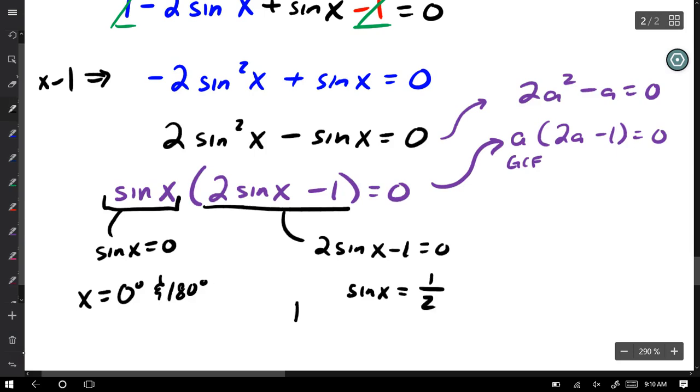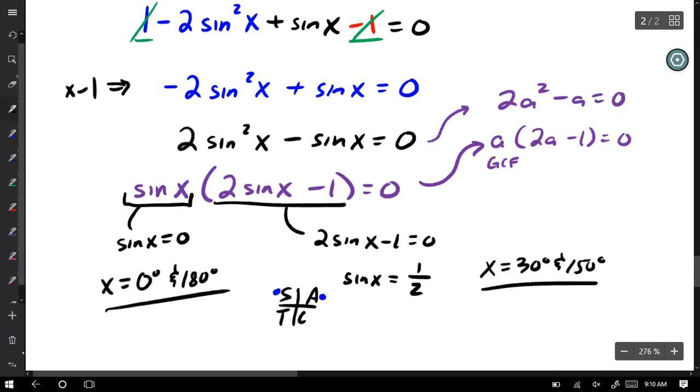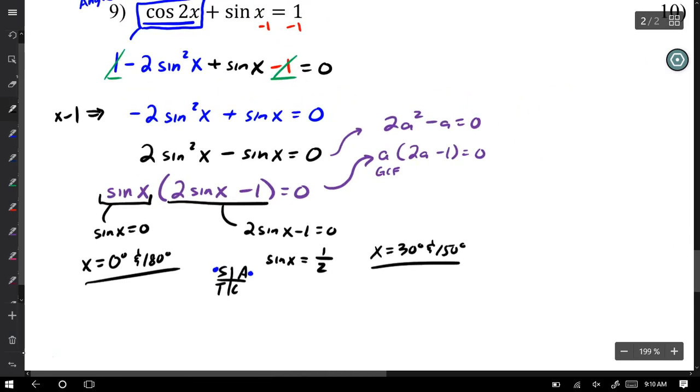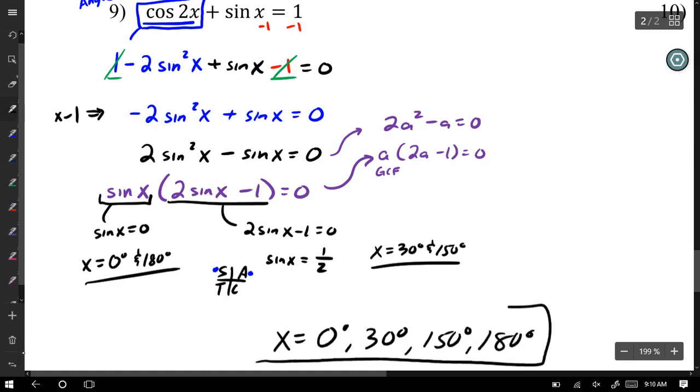And based off of the positive quadrants, I know sine of x equals 1/2 occurs in the first and second quadrant. So I bet you that is going to be, for us, 30 degrees and 150 degrees. So I have these angles, and again, just because I can, I'm going to put them in numerical order: 0 degrees, 30 degrees, 150 degrees, 180 degrees. And those are my answers.